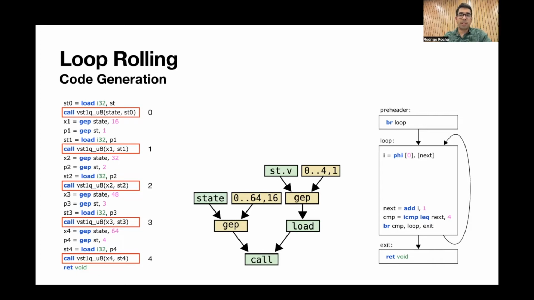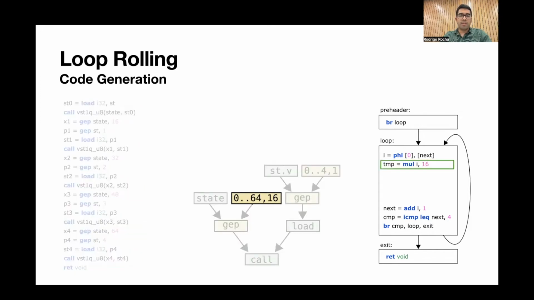Once we have created this overall structure of the loop, we produce the code for the alignment graph in a top-down manner. If we start by the highlighted node, this node computes the sequence from 0 to 64, always incrementing by 16.